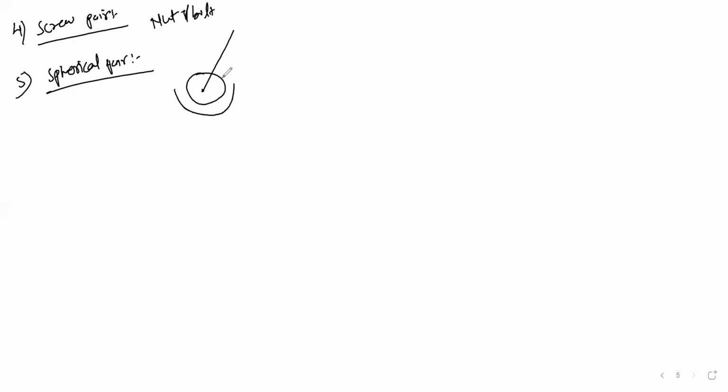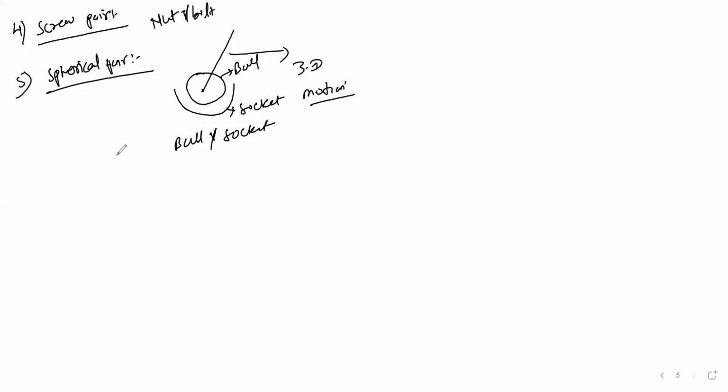This is called the ball, and this is called the socket. It's a ball and socket. So there is a 3D motion. Remember that whenever the spherical pair is used, it is used for 3D motion.